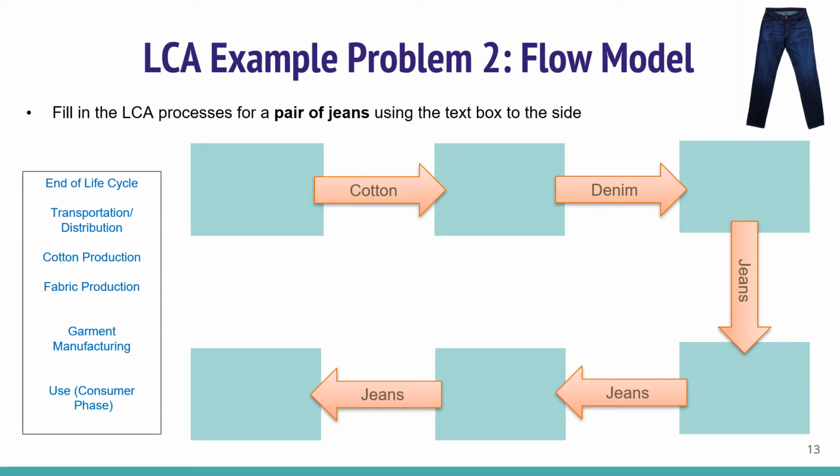Once again using the word bank to the left, you're going to fill in the different processes that occur before the products in the orange arrows, and this is going to be a cradle to grave process. So take about 30 seconds to fill in each of the processes, and then I'll go over the answers.